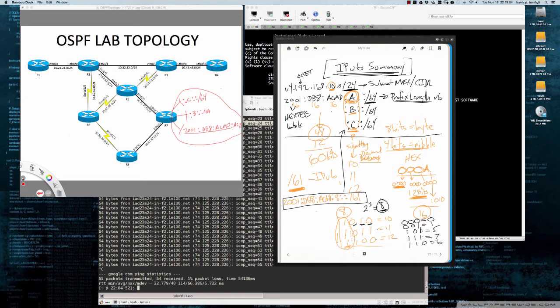So when we take a look at the bits that we have left over, we're actually going to be matching more than just these 3 networks. And so again, the prefix length is going to be a /61, and this is the summary, and it will certainly match or include those 3 IPv6 networks right there.